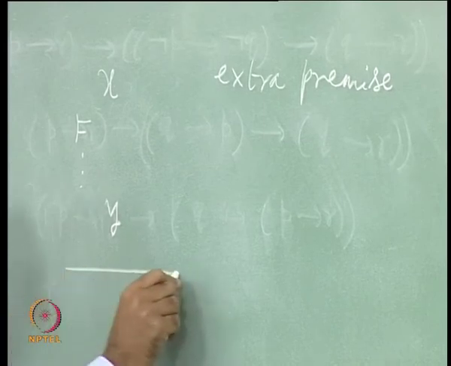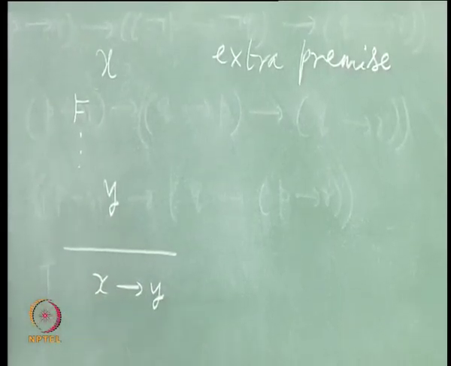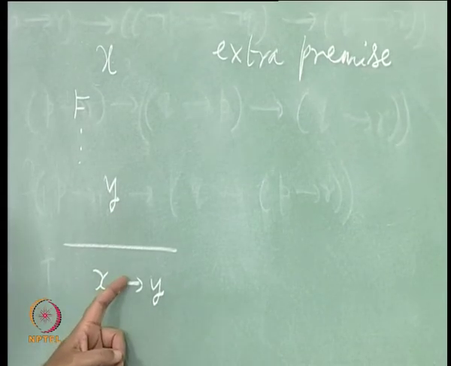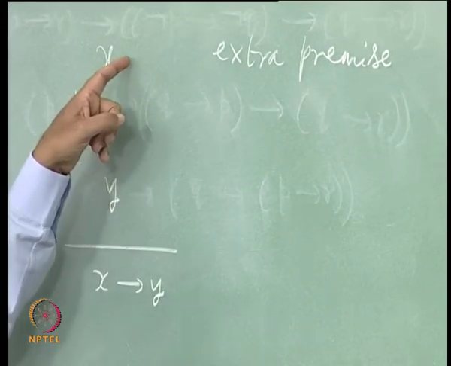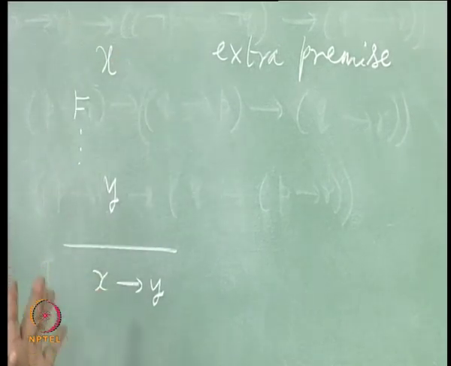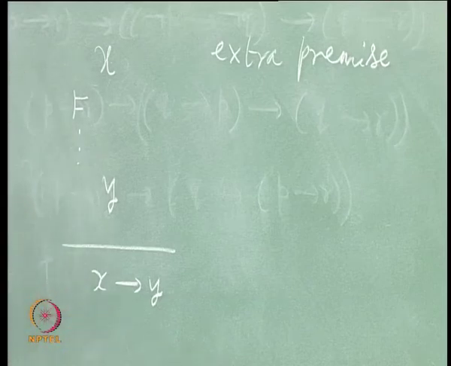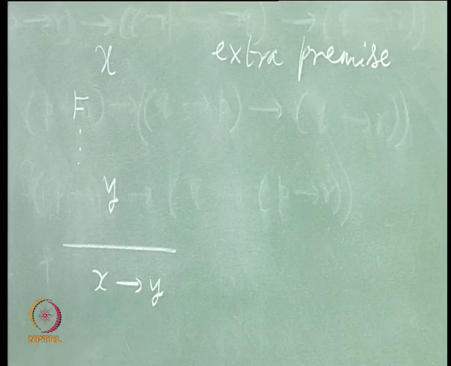Then I conclude in the next step x implies y, but when I conclude this x implies y, this extra assumption is removed, it is no more an extra assumption. Without assuming anything, I could have concluded x implies y by deduction theorem. That is the way deduction theorem should work.